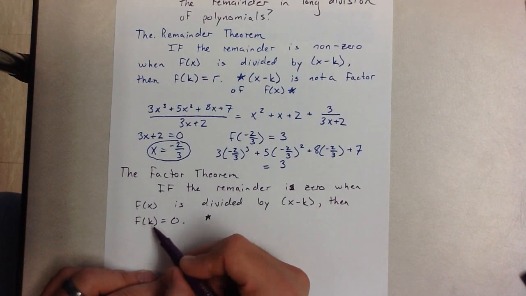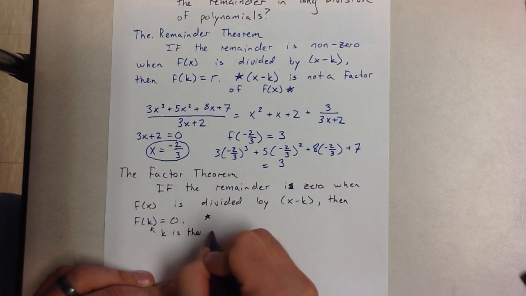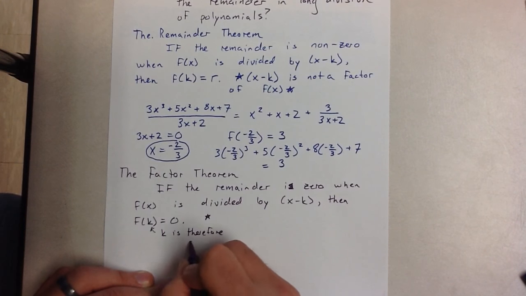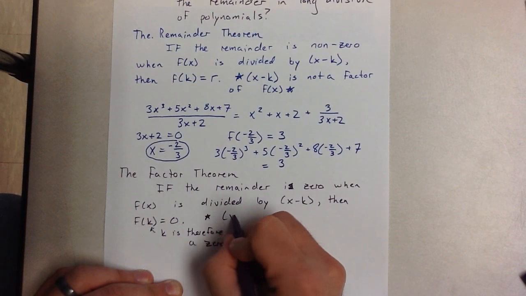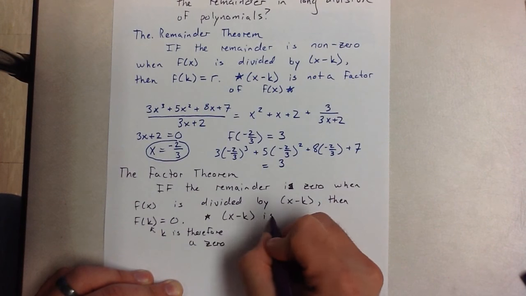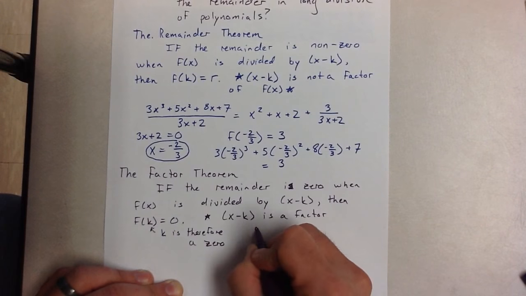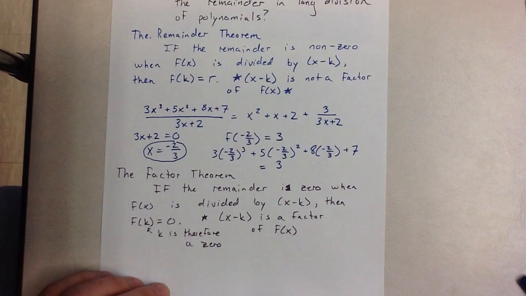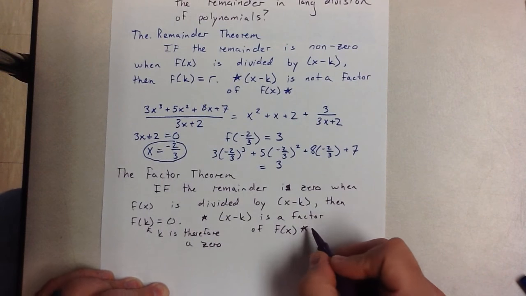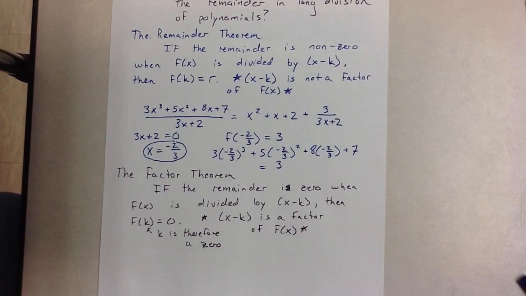So if k is a zero, then this factor x minus k is in fact a factor of f of x. These two are the main concepts that we want to think about throughout this video, what we're getting as the remainder.